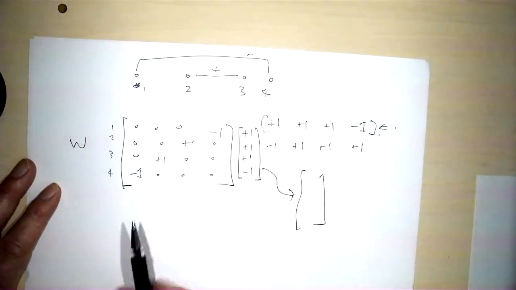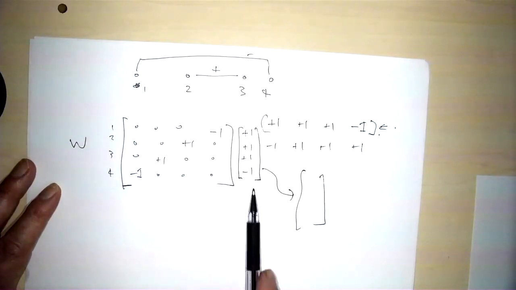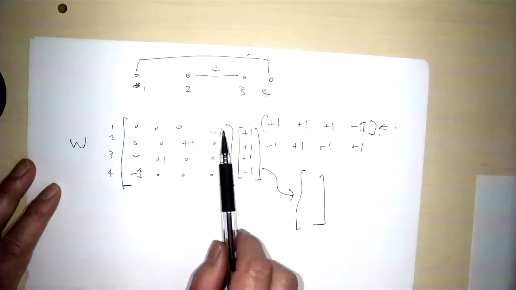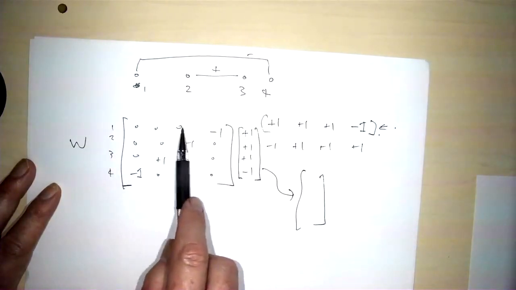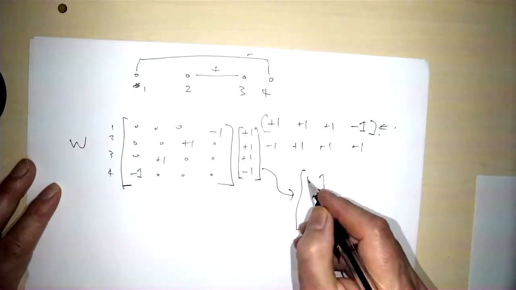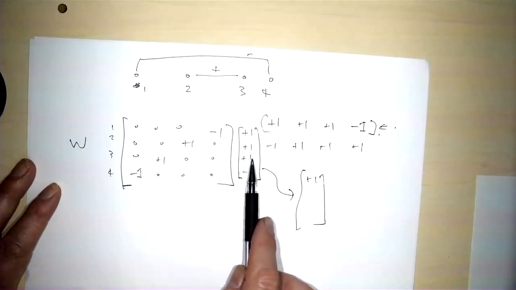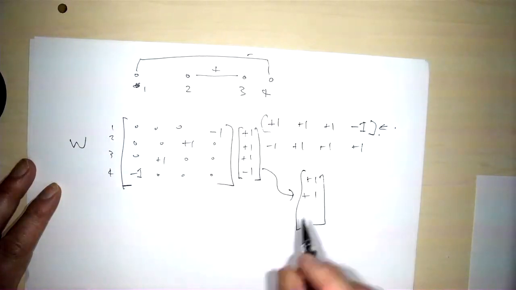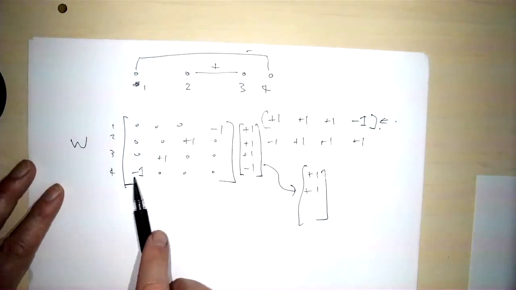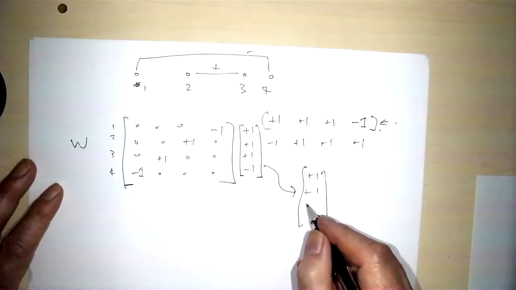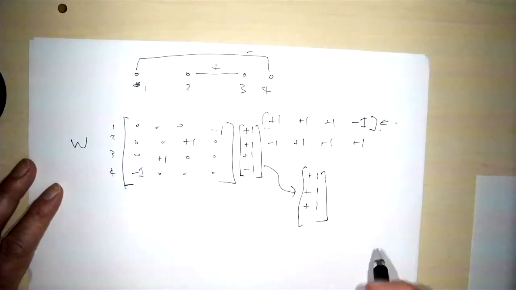So we do this as a matrix multiplication: 0, 0, 0, minus 1 times minus 1 is plus 1, 0, 0, plus 1 times plus 1 is plus 1, 0, plus 1 times plus 1 is plus 1, and minus 1 times plus 1 is minus 1.